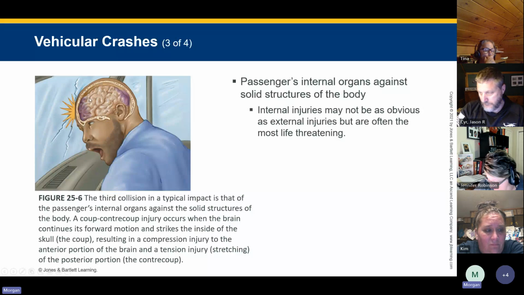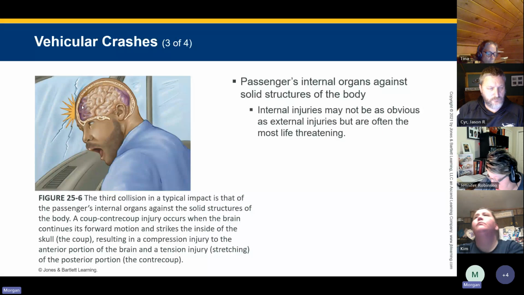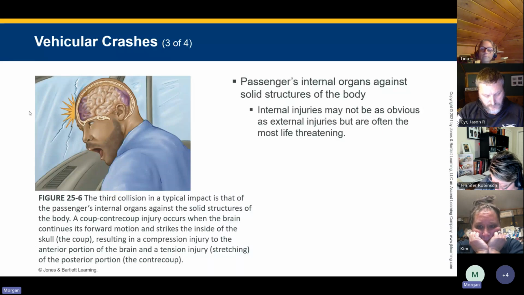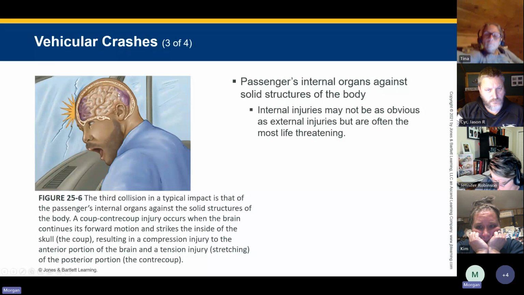The coup part is when his brain moved forward, because we have room in our head that's filled with spinal fluid. So his brain sloshed ahead and hit the interior part of his head, and then on the way back, it hit the backside of his head. So it's a coup and then the contrecoup, the backside. And that's how people get brain damage or concussions.